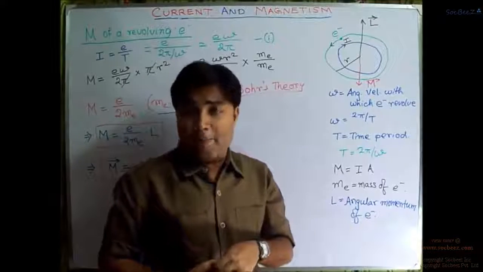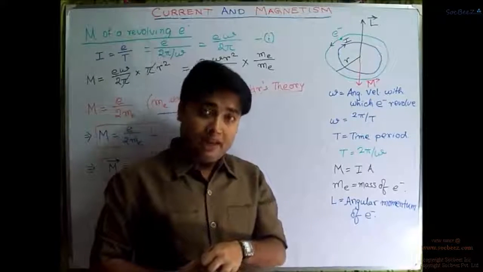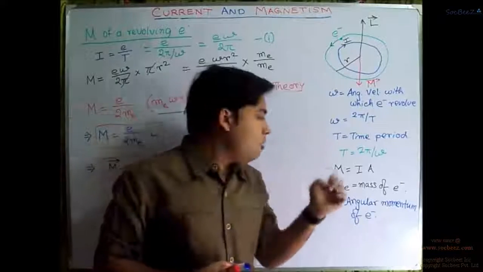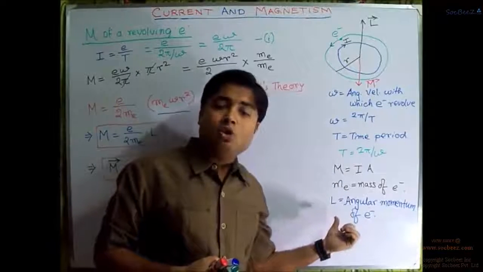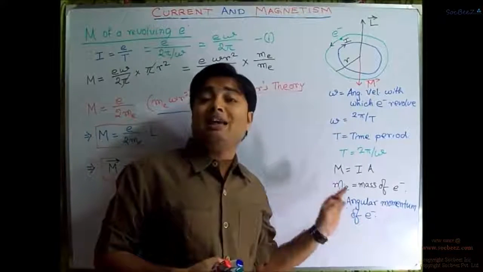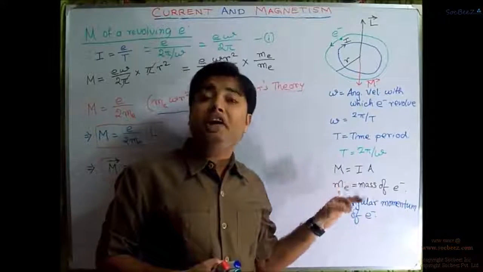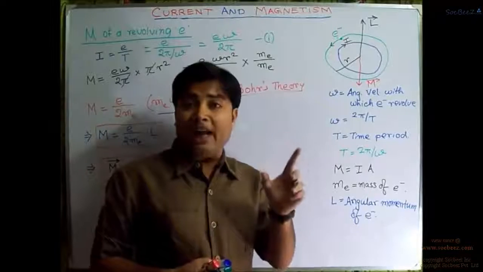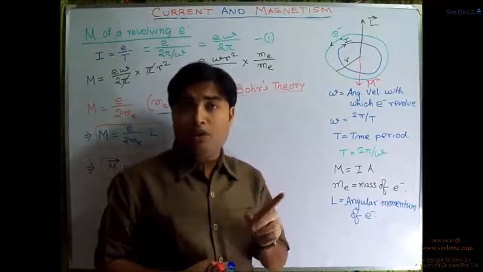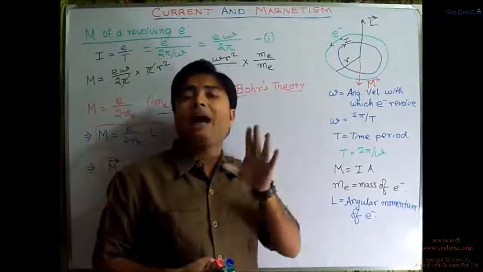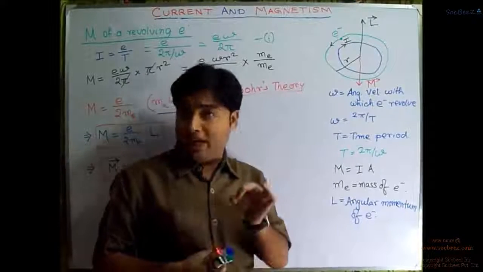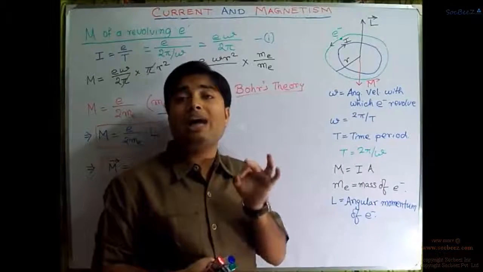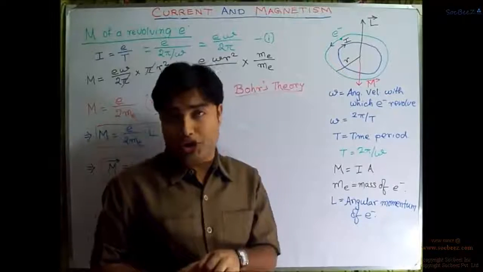And if it happens as such, then the angular momentum will simply be equal to the integral value of h divided by 2 pi, where h is known as the Planck's constant.